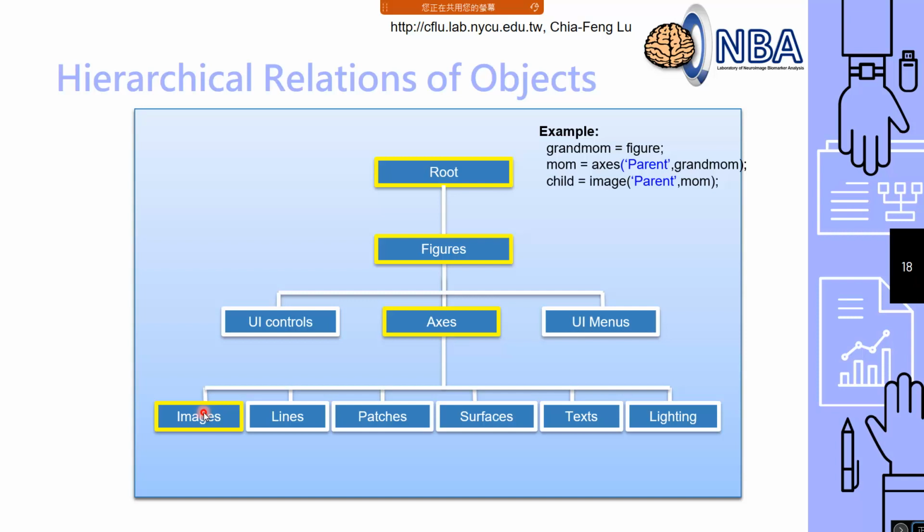The author packaged everything within imshow. But when you are creating a new imaging, what you should know is that behind the imaging, there is an axis. And behind the axis, there is a figure. You need to really understand this.